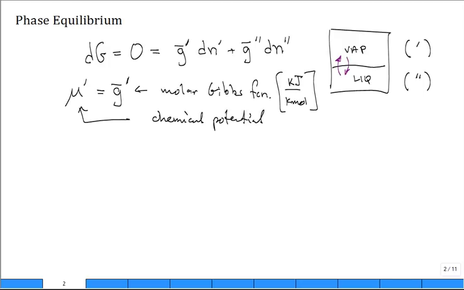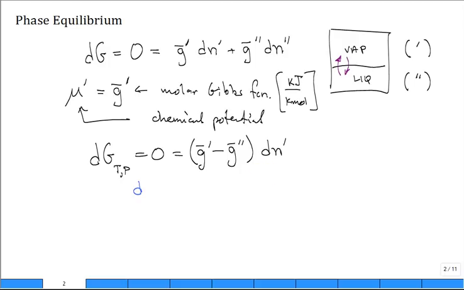So at equilibrium, the change in the Gibbs function for a fixed given temperature and pressure must equal 0. And then we look up here and we see that you have G bar prime minus G bar double prime times dN prime is equal to 0. Why?